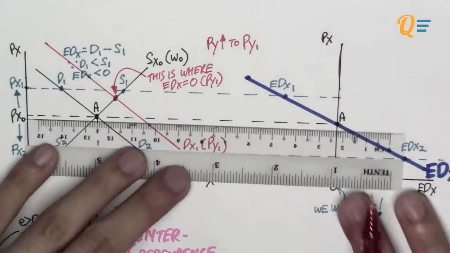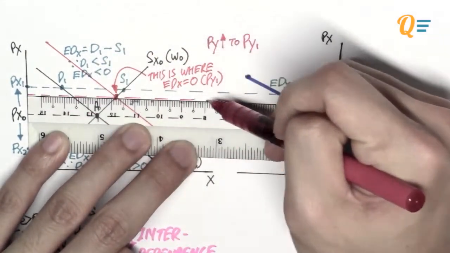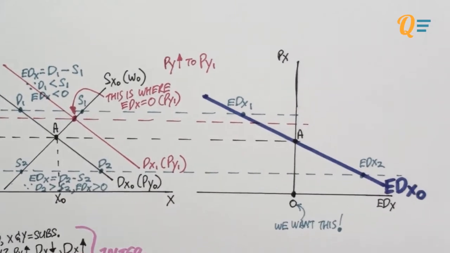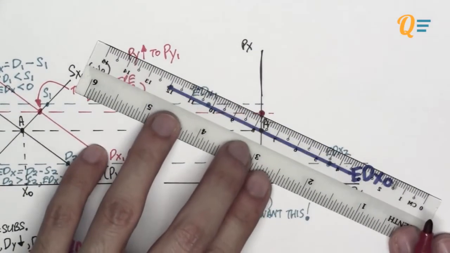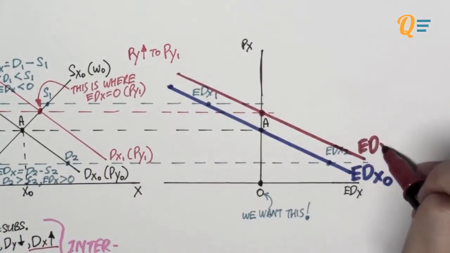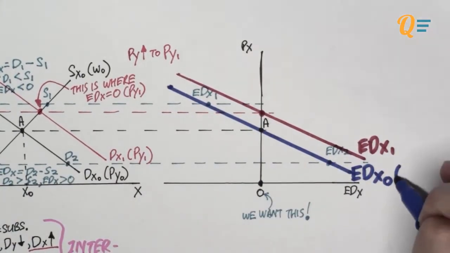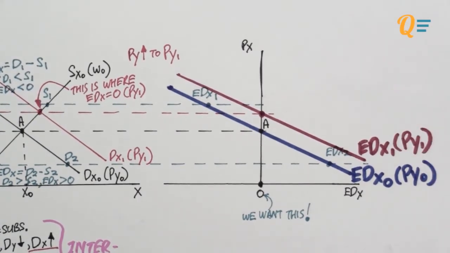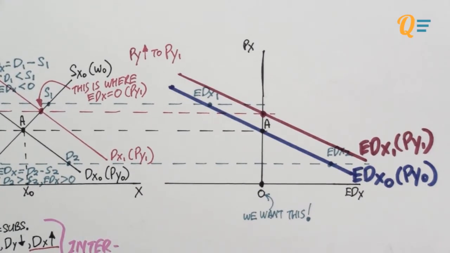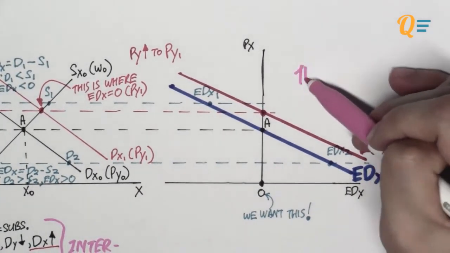To be at that point, the price of X would have to be over here, and that gives you an excess demand for X equal to 0, right? So the excess demand for X curve would have to strike through that point, and what you will notice is that when the price of Y increases, the excess demand for X curve would shift to the right.